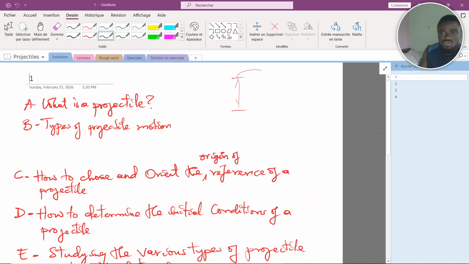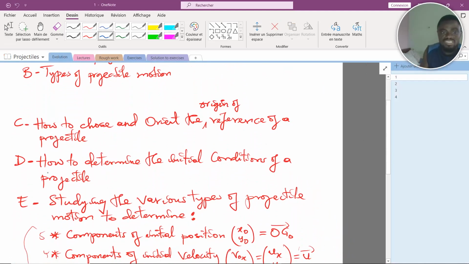In the next video, we are going to see how to determine the initial conditions of a projectile. Because you know that when we're dealing with projectiles, when we come out with the different expressions, the initial conditions are always important. When I'm talking of initial conditions, I talk of the initial position and the initial velocity.